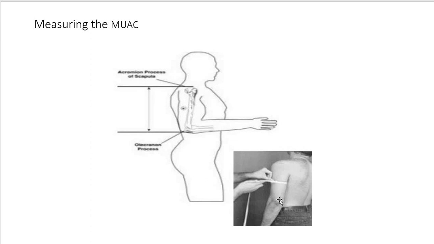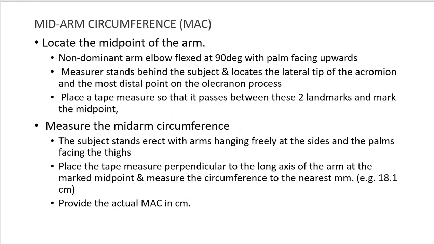In this picture, one man is taking the MUAC of the other man, and you can see how he has kept his hand freely. We fold our hand at 90 degrees only when we are marking the midpoint.